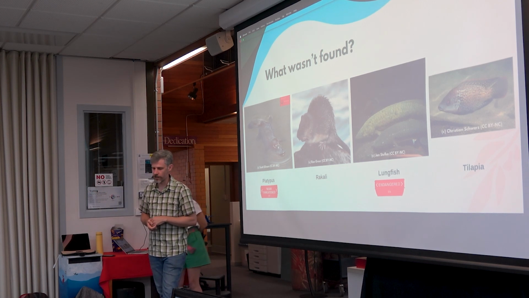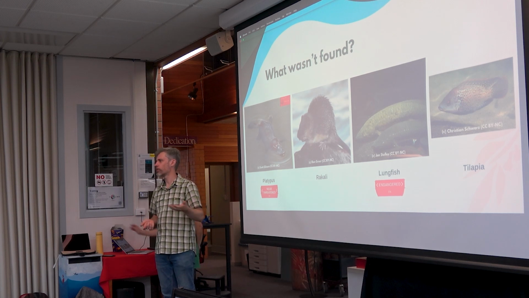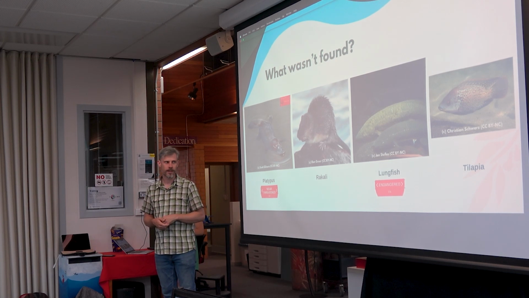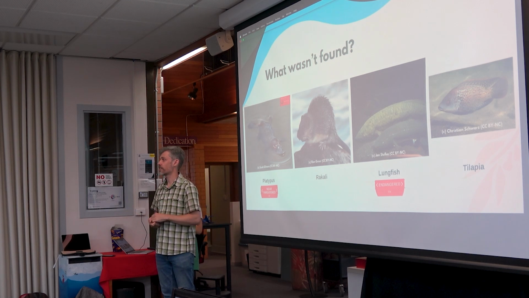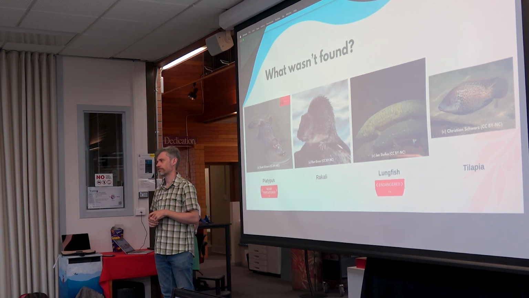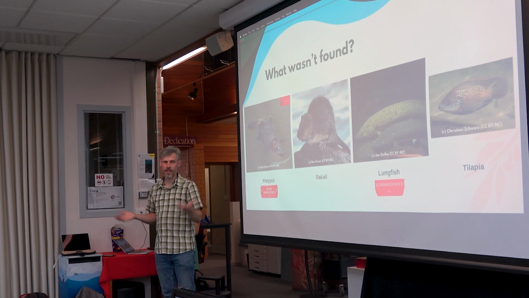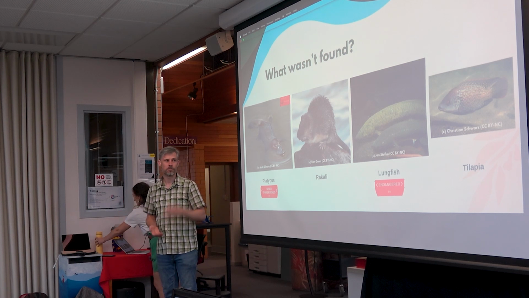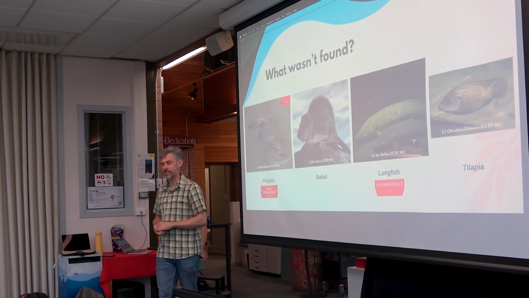Lungfish. We have heard reports of lungfish turning up in the system, so we were interested to see whether that turned up at all. But we didn't have any eDNA from that either. So again, they could be there. Maybe there's something with their DNA that it's not detected well. But we didn't find it this time.